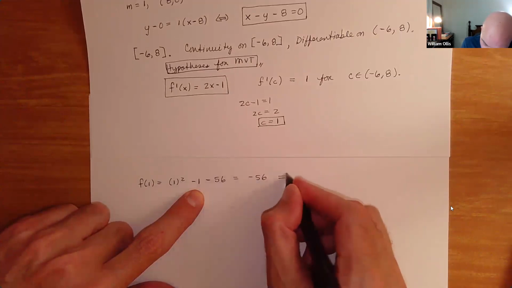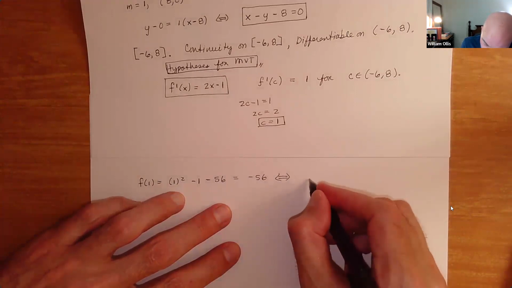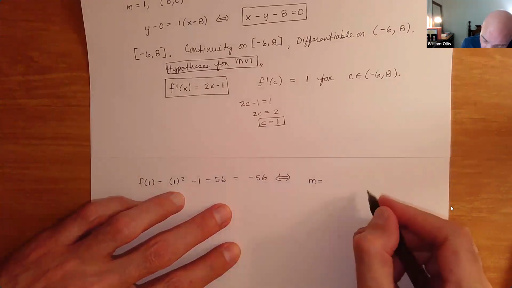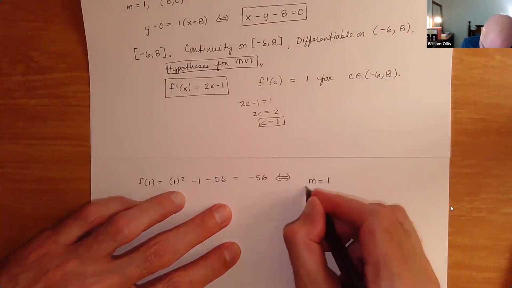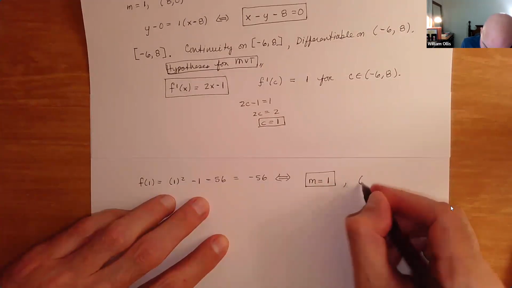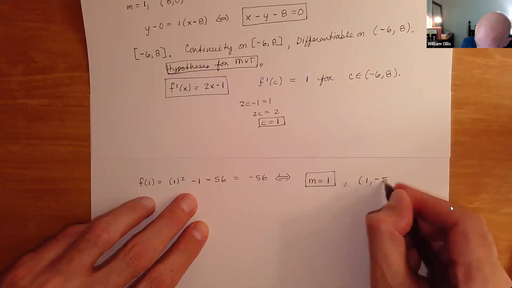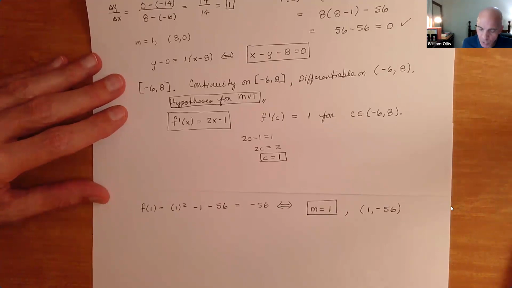So the slope in this case is 1, and then we have the point (1, -56).